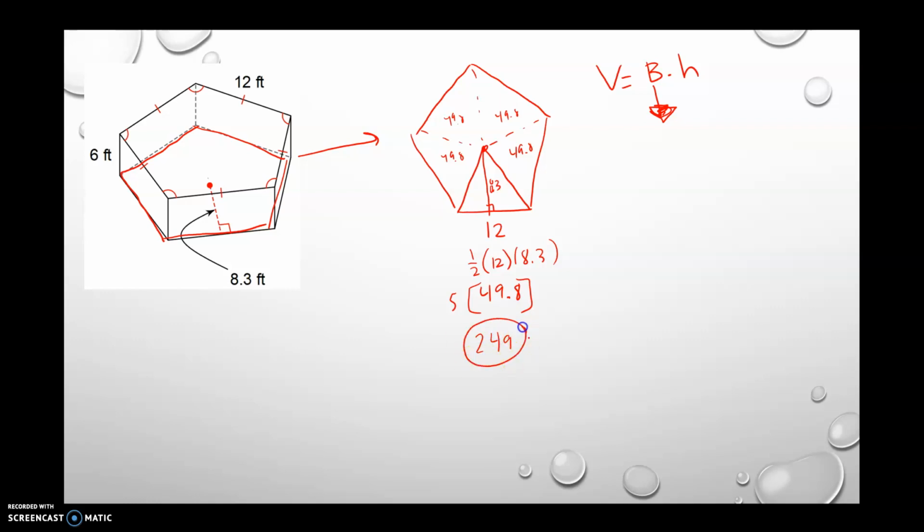So this is going to be my area of my base, 249. And I'm going to multiply that by my height of my prism. How tall is my prism? And that would be right here at 6. So 249 times 6, and that would give me 1,494.